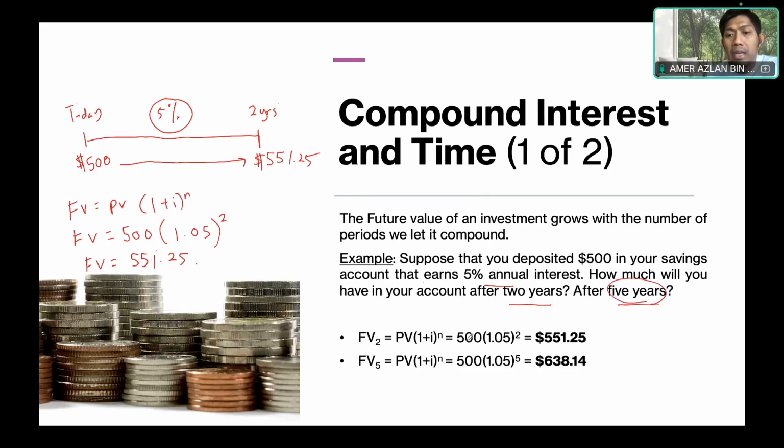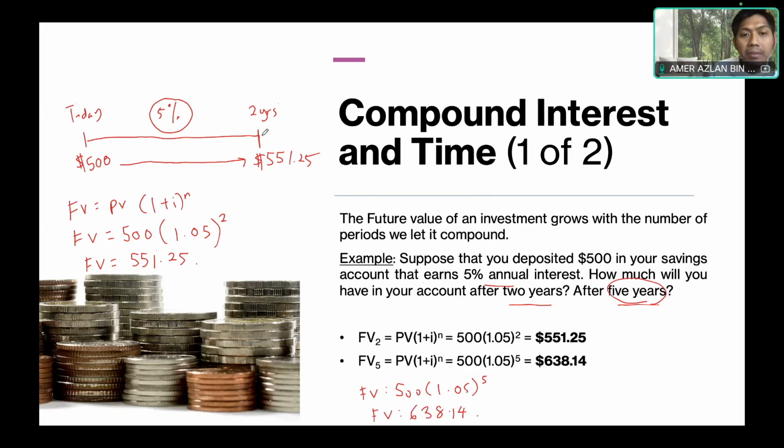What will the value be after 5 years then? The same thing applies here, right? In 5 years' time, if you leave your $500 today with a return of 5%, you would get a value of around $638.14.